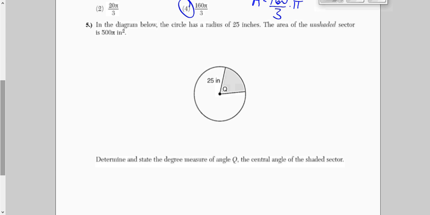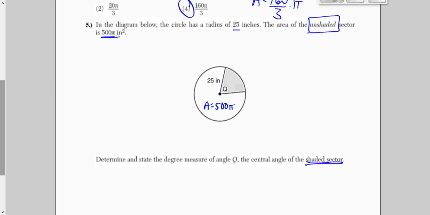This one we have to be a little bit careful with. They gave us that the radius of the circle is 25, and the area of the unshaded sector is 500 pi square inches. So the area of this sector is 500 pi. They want us to determine the degree measure of angle Q, the central angle of the shaded sector.